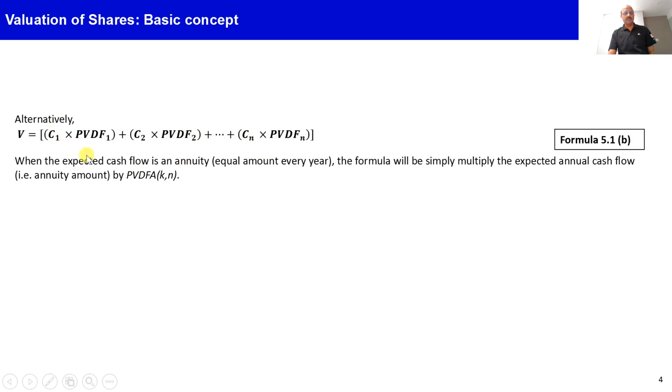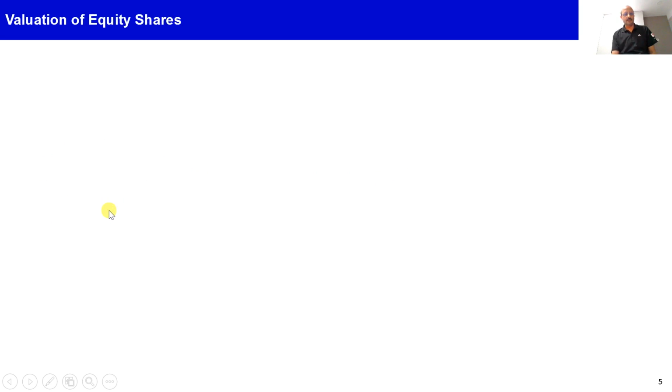When the cash flow is an equal amount, let's say the income to be generated from that asset is equal and the period of receipt is fixed, the frequency is fixed, that is called an annuity. So C becomes an annuity. In that case, this formula can be simply written as C times the present value discounting factor for annuity for that particular k, which is the expected rate of return of the investors, and for that nth period.